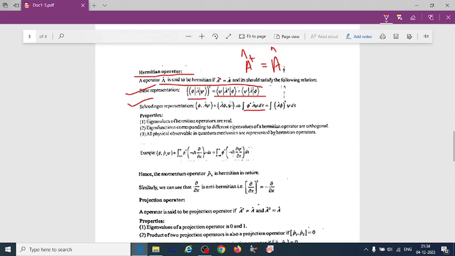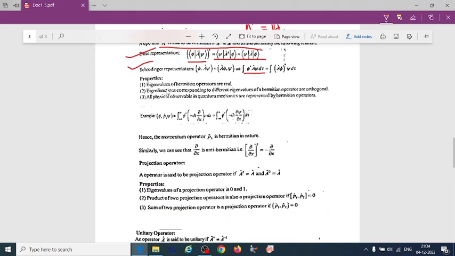Okay. What are the properties of Hermitian operator? Hermitian operator eigenvalues are always real. Second condition, eigenfunctions corresponding to different eigenvalues of Hermitian operator are orthogonal. Okay.